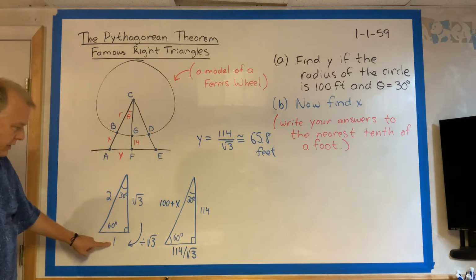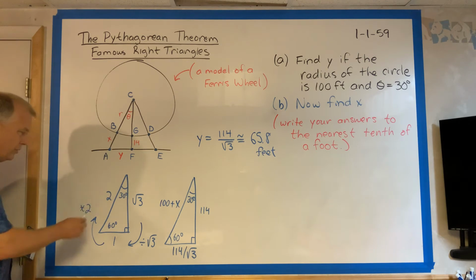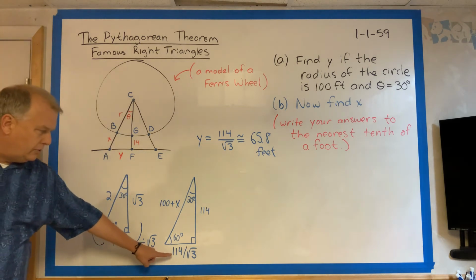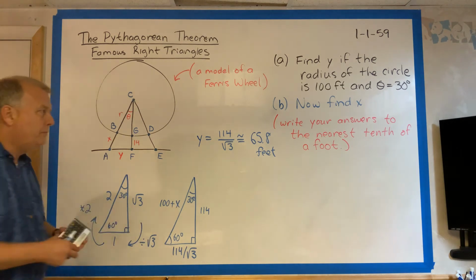And in the 30, 60, 90, I go from the short leg to the hypotenuse by multiplying by 2. So 2 times this number is 100 plus x.